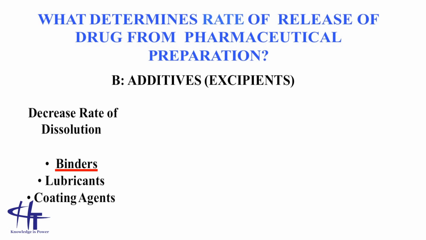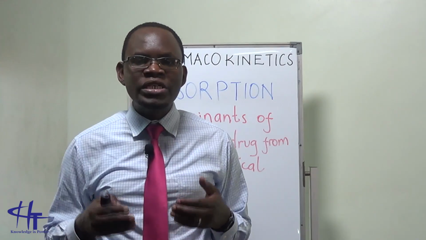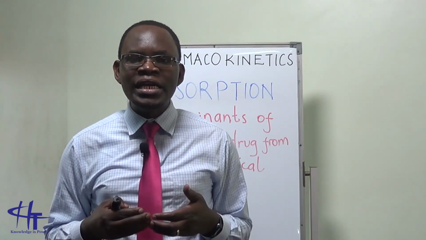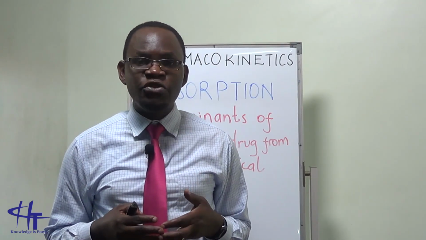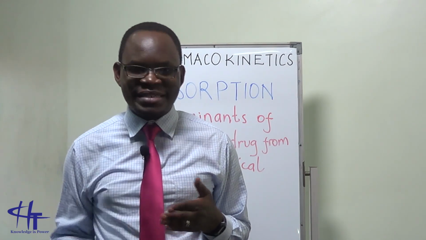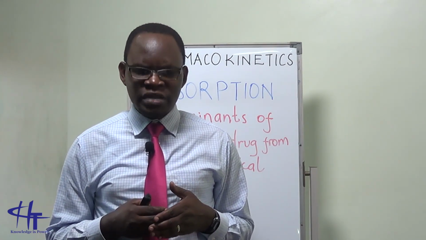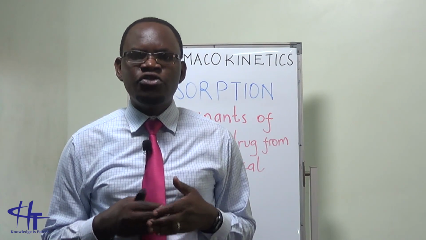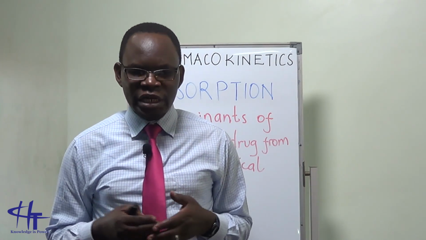And so binders decrease the rate of dissolution. Binders, lubricants, and coating agents decrease the rate of dissolution of this drug. And so that necessarily means that we shall have a delayed release. But once we have dissolution, then we have a fast release of this drug or this active moiety in solution.